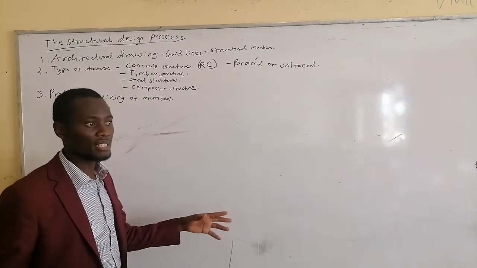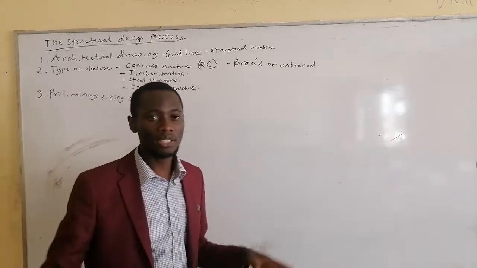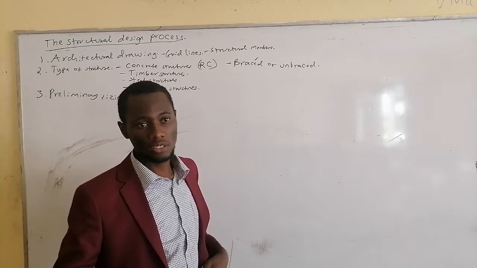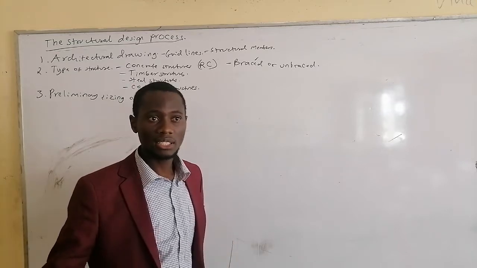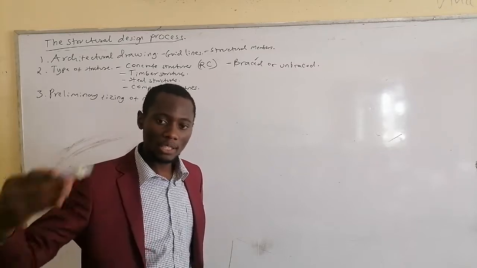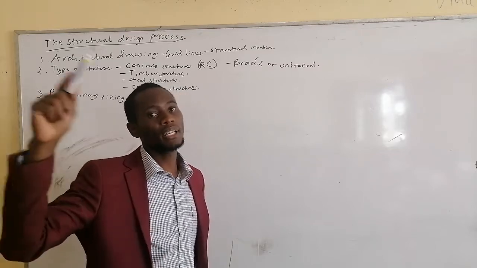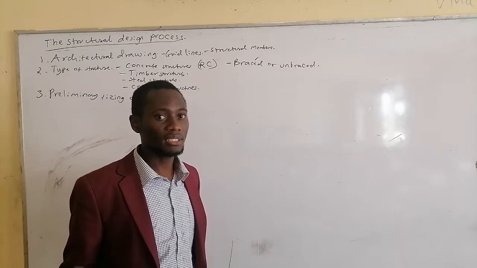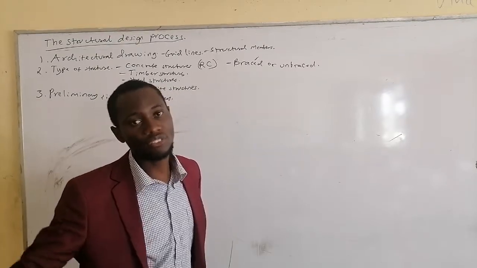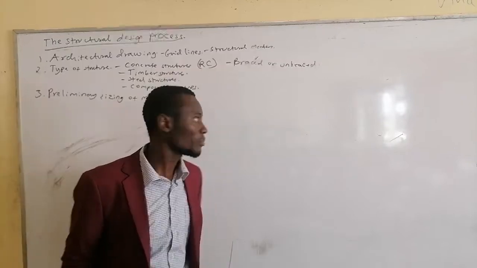Therefore, on looking at your structure, and maybe it's a reinforced concrete structure, we could quickly do some checks to do the preliminary sizing of the members, because if we carry out the design and it fails, we come back to the preliminary sizing to change the size of the members to that which can fit our loadings.